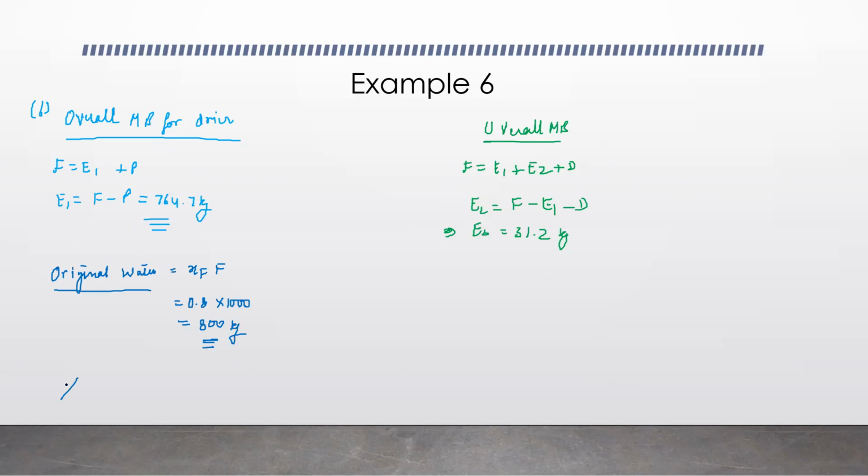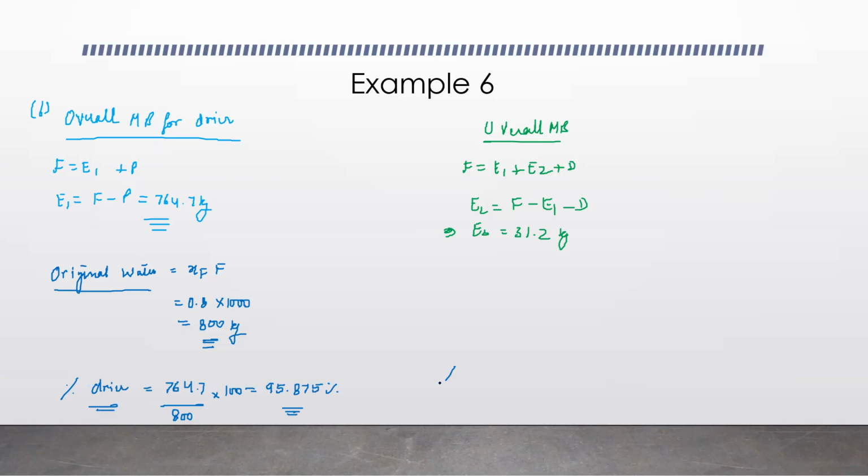Now, percentage of water lost in the dryer is equal to water lost in the dryer, that is 764.7 kg upon 800, that is original water, into 100. That is equal to 95.875%. All right.